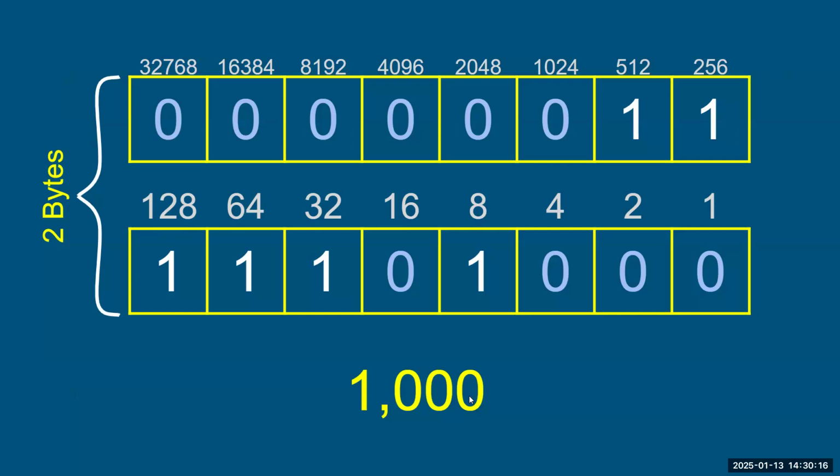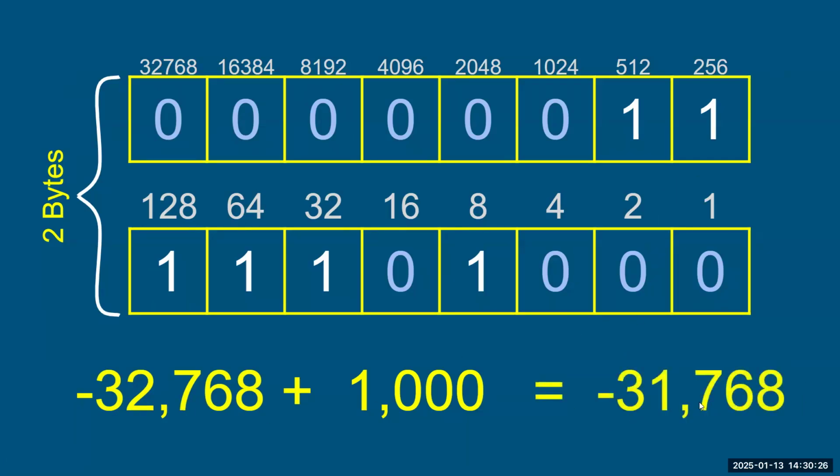The way this is actually stored is we start at negative 32,768 and add this number to it, and that comes out as negative 31,768. Isn't that interesting? So if you put these ones in here and start with negative 32,768, the actual number returned is negative 31,768.